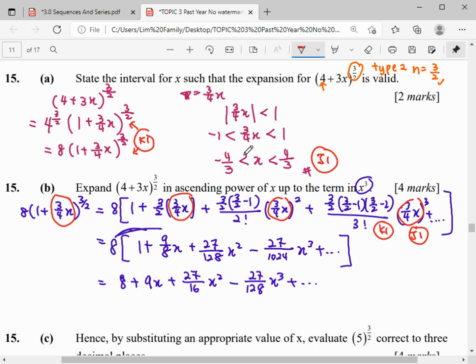Then you have to know 8 is not involved in the expansion. When you want to simplify, we have to expand it out. So here is another concept of expanding to get to the final answer. So this is what is meant by the question expand. So expand it fully.